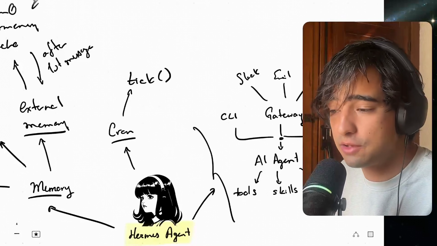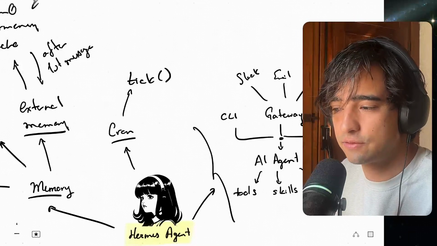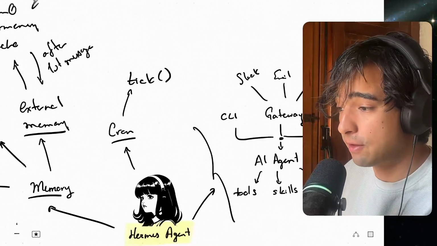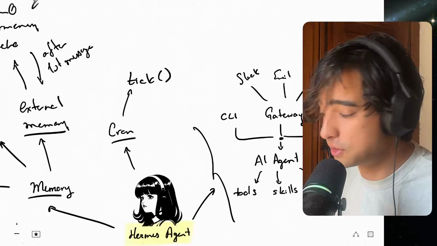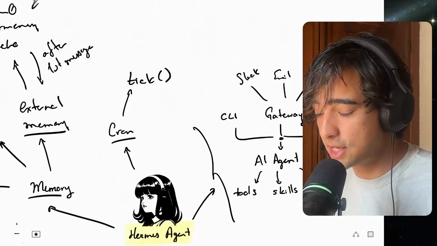So it basically allows you to automate some tasks for Hermes to do at a very specific moment, and this runs continuously every week or every day or every month, etc.